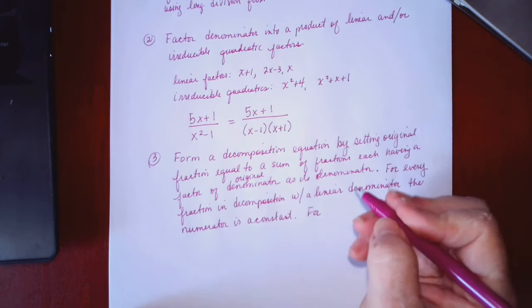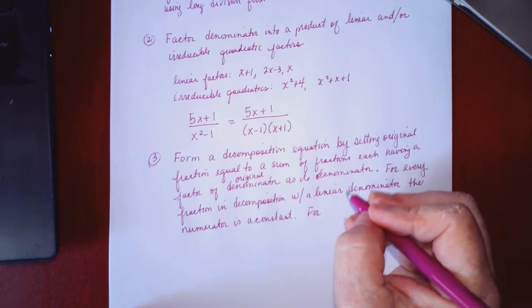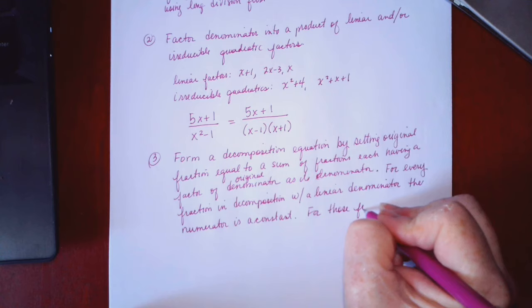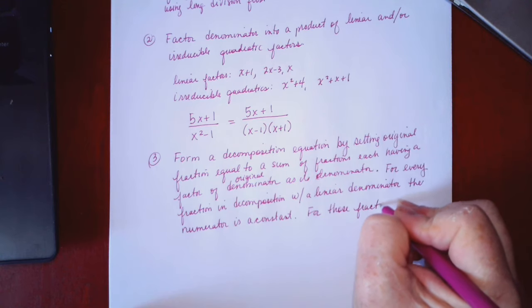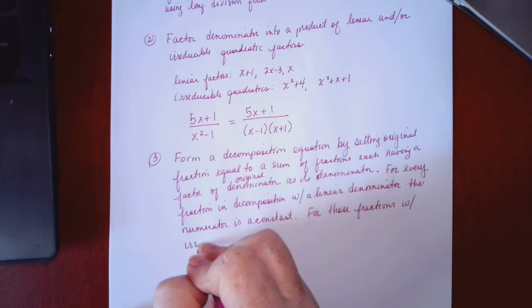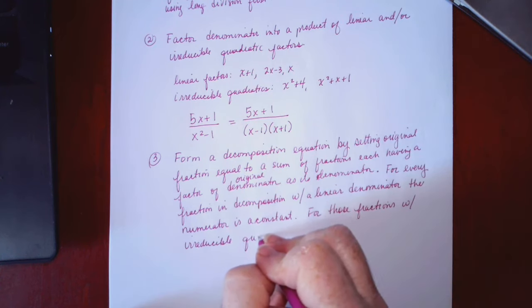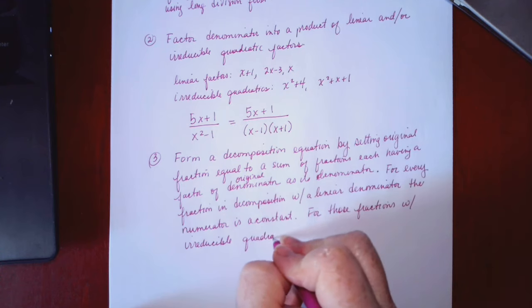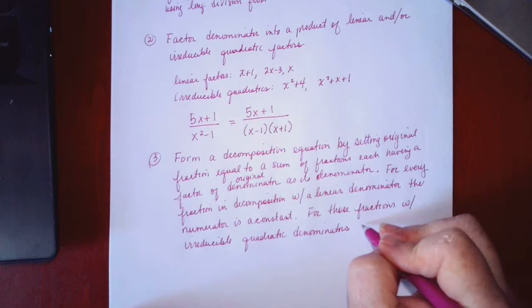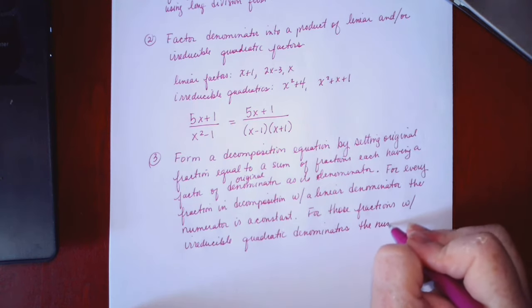For those fractions with irreducible quadratic denominators, the numerators will be linear.